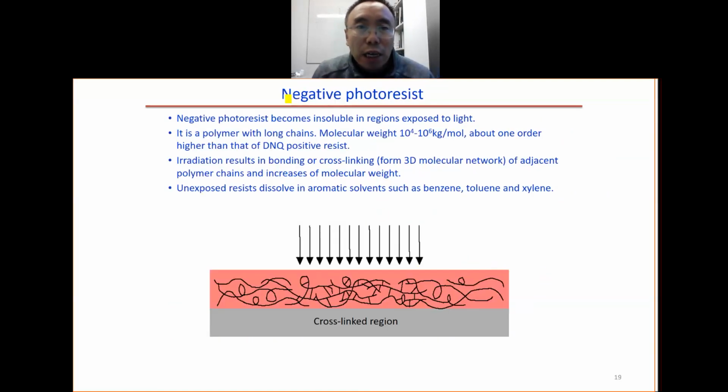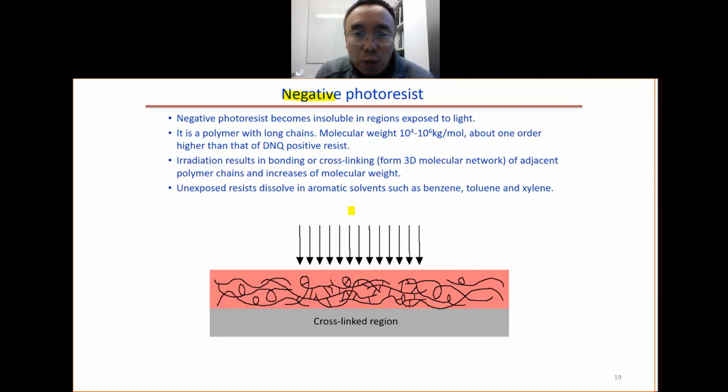So now let's look at a negative resist. For the negative resist, it will become insoluble after exposure. So normally the negative resist is a polymer with long chains. The molecular weight is 10 to the power 4 to 10 to the power 6 kilogram per mole. So the longer the chain, the higher the sensitivity, the less energy needed to expose the resist.